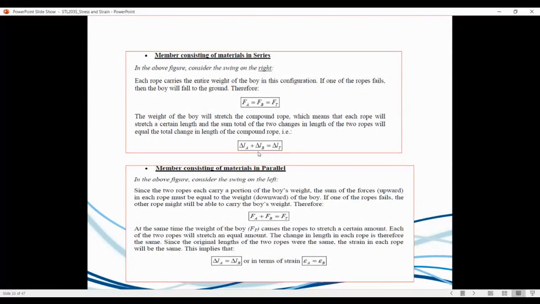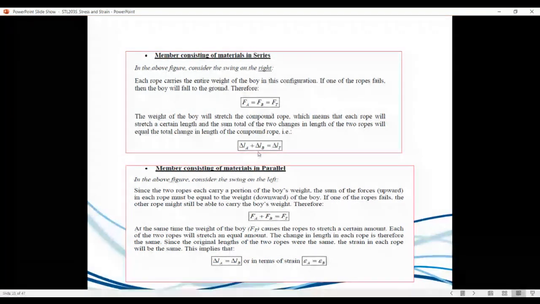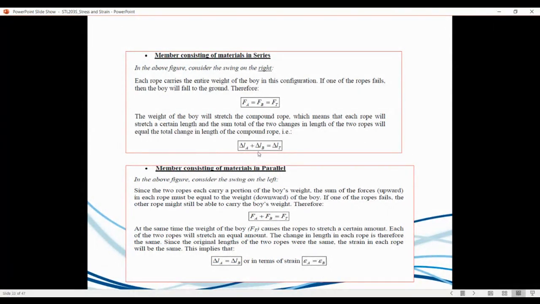At the same time, the weight of the buoy FT causes a certain stretch in each rope, and we assume that both changes in length are exactly equal to each other. So we're saying that the strain will be exactly the same in both ropes.